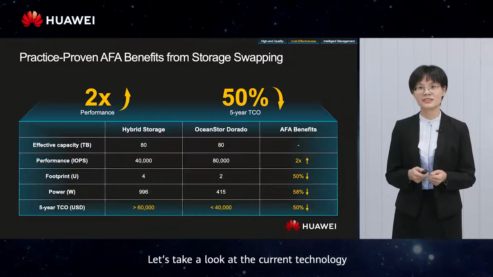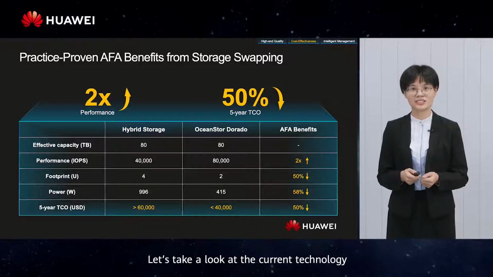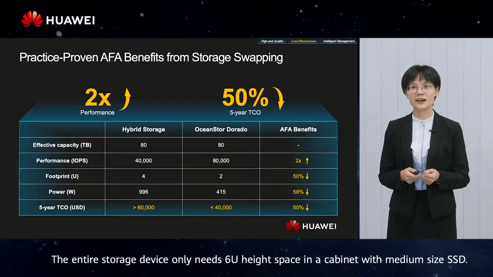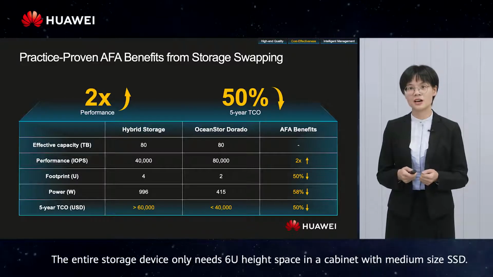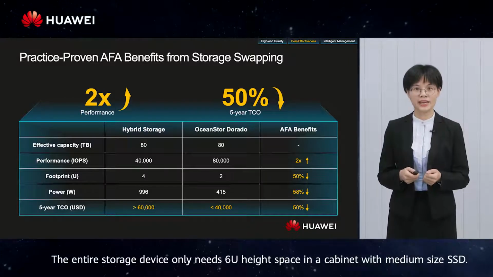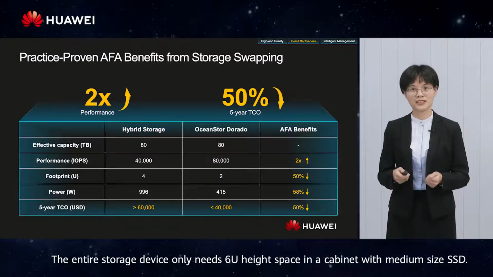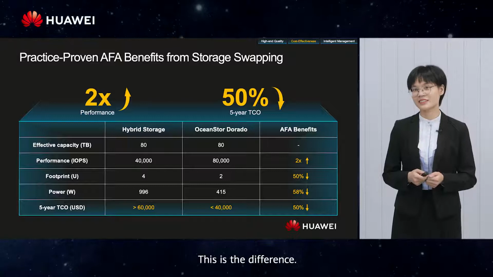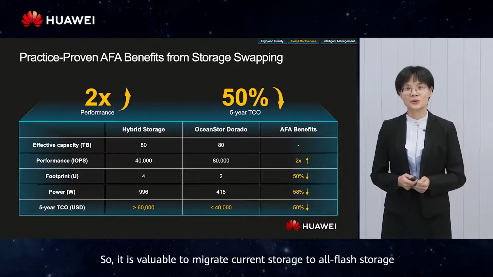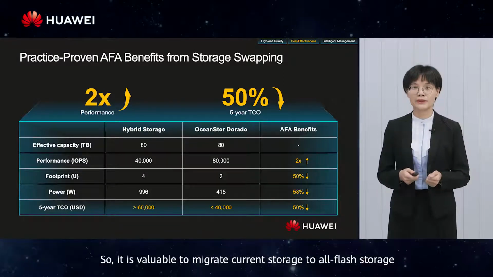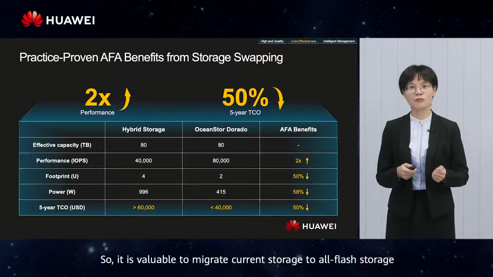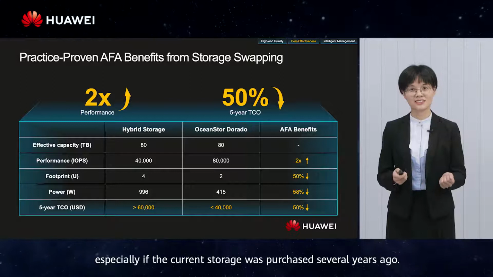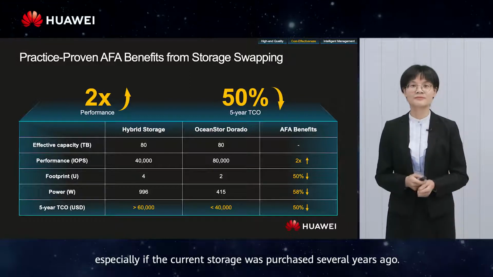Let's take a look at the current technology. Using all-flash mid-range products, the entire storage device only needs 6U of space in a cabinet with medium-sized SSDs. This is the difference. So, it is valuable to migrate current storage to all-flash storage, especially if the current storage was purchased several years ago.